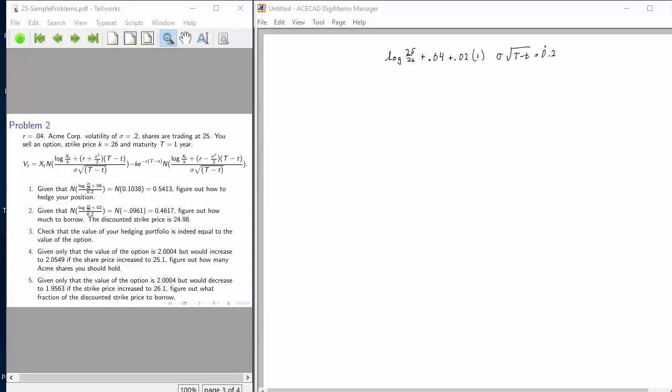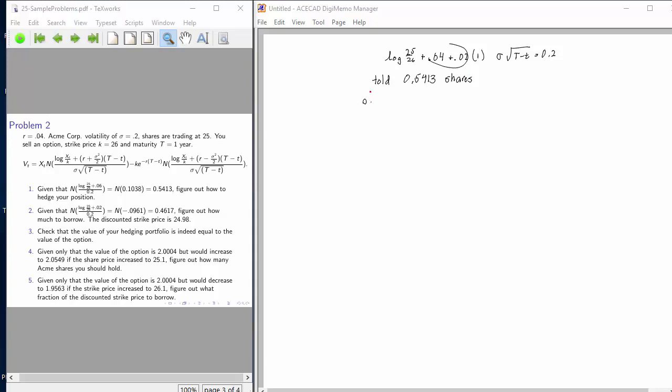And therefore, if you look at the statement of the problem, we need to evaluate the standard normal distribution function on log of 25/26 plus 0.06 divided by 0.2. And when I worked that out, I got 0.5413. So that means what we want to do is to hold 0.5413 shares of Acme.